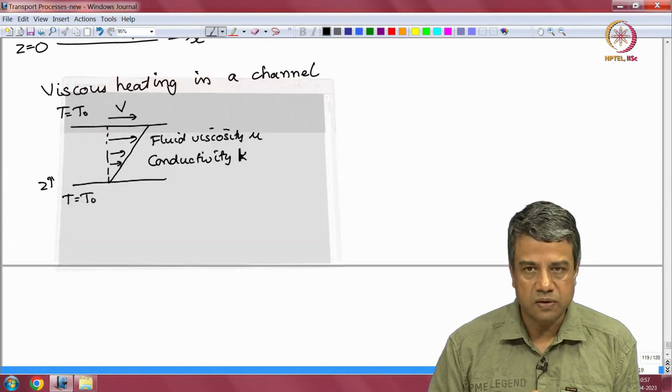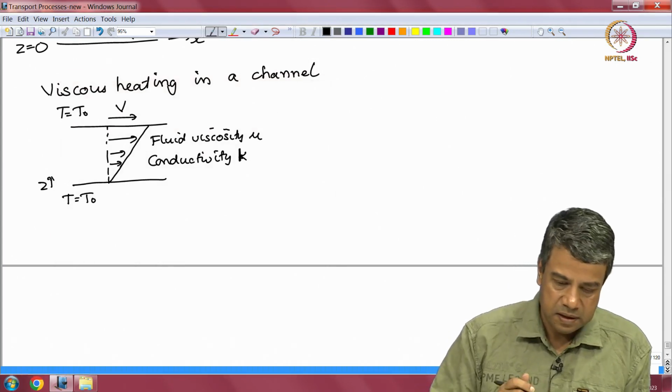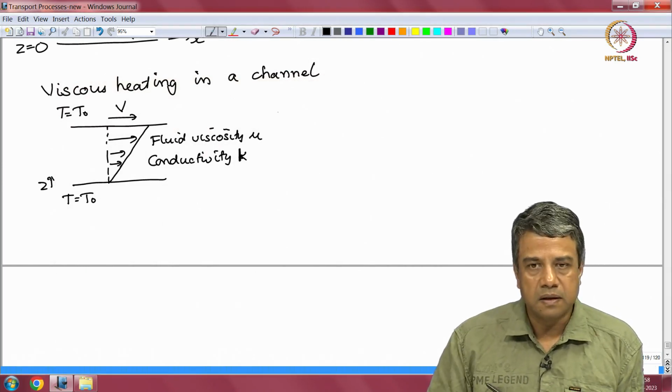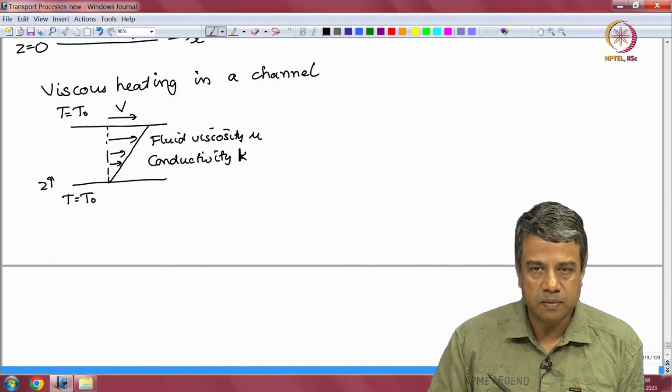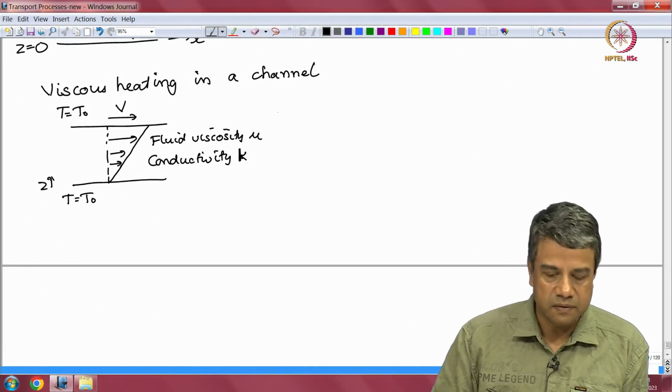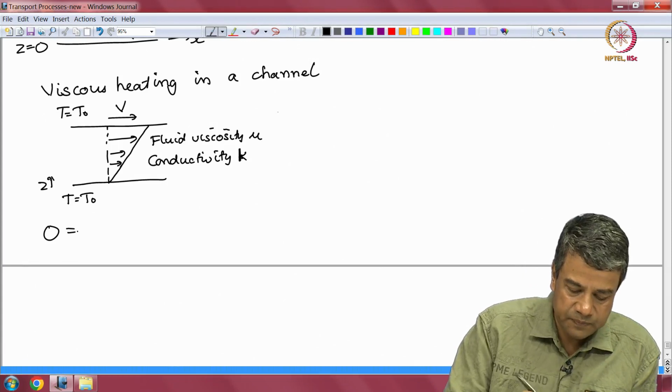The energy source in this case. So first of all, as far as the momentum transfer problem is concerned, it is a steady flow. Therefore, the unsteady term is equal to 0.